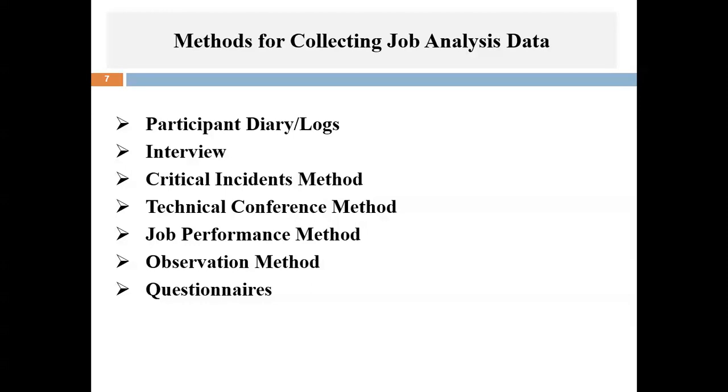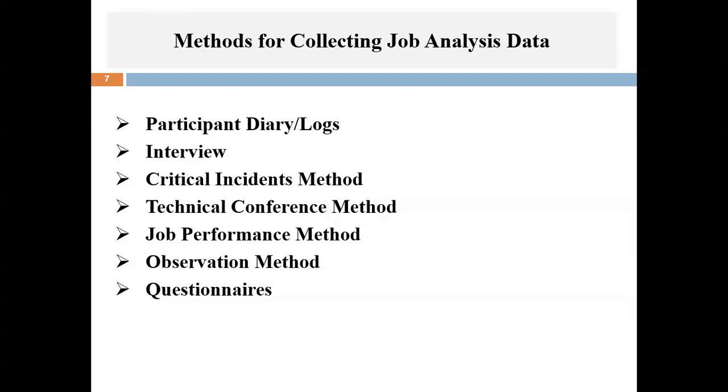Then the critical incidents method. This means job holders are asked to describe incidents concerning the job on the basis of their past experience. The incidents so collected are analyzed and classified according to the job areas they describe.